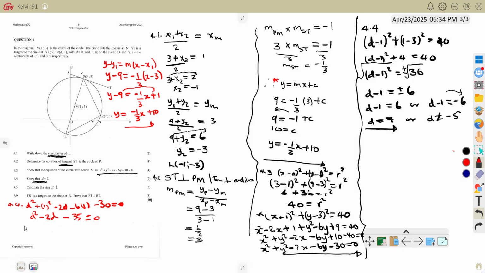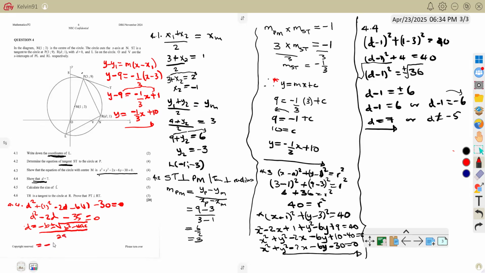So to solve for your D, it's minus B plus or minus the square root of B squared minus 4AC all over 2A. Put the substitutions.